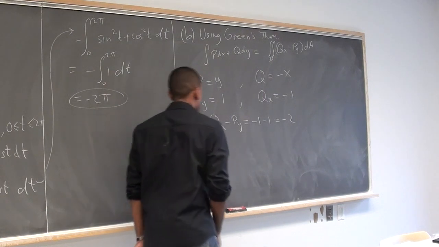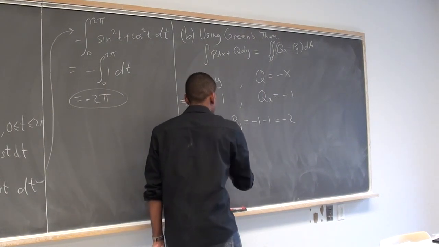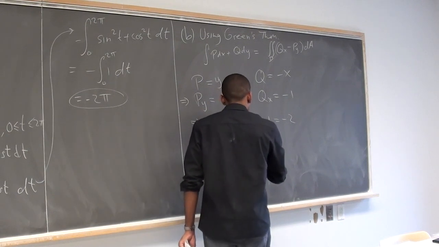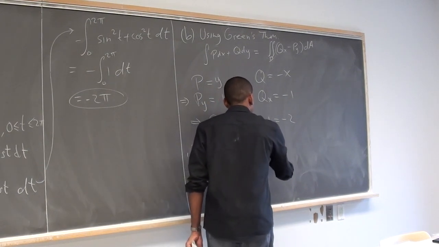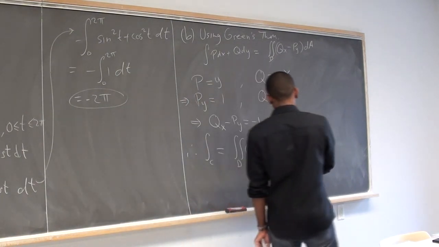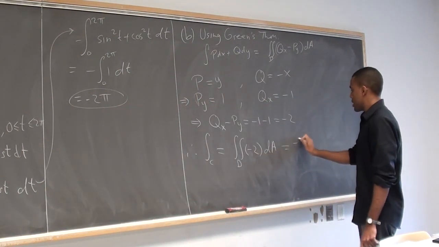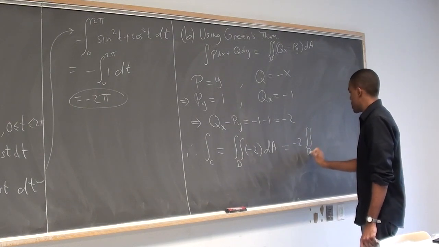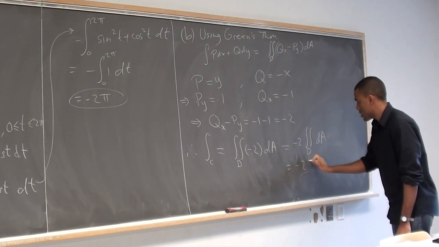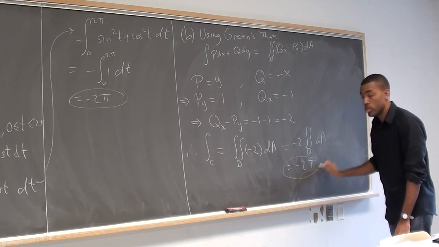Therefore, the line integral over C is going to be equal to the double integral over D of minus 2 dA. Right? Which is minus 2 times the double integral over D of dA, which we know is just the area of this circle. Right? So it also gives you minus 2 pi.